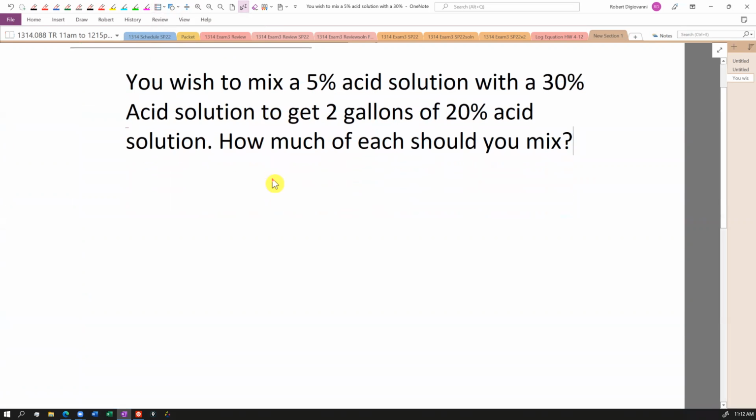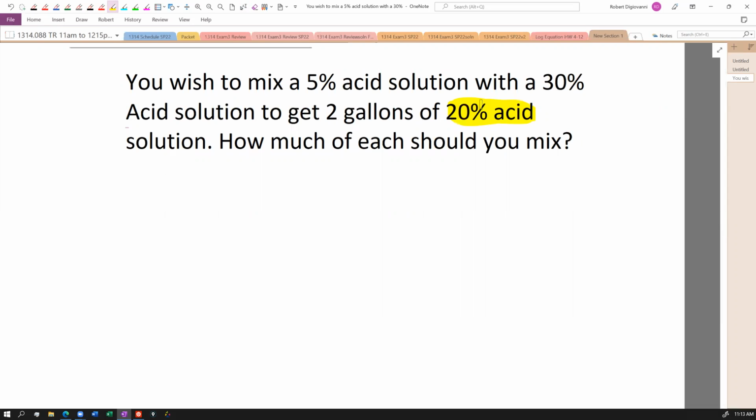So I'm going to draw you a picture to kind of give you an idea. This is done in chemistry classes and chemistry labs. What you'll do is you're going to need to run an experiment, and in that experiment you need a 20% acid solution, which means you've got basically pure water mixed with some sort of acid. It can be different types of acid, but we'll just say generic acid here. You need that 20% acid solution for the experiment.